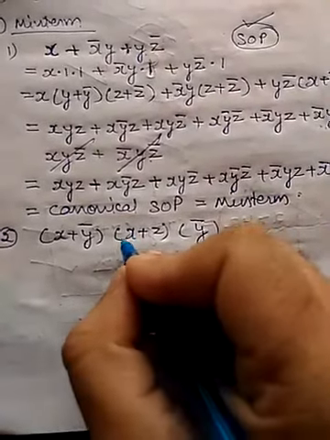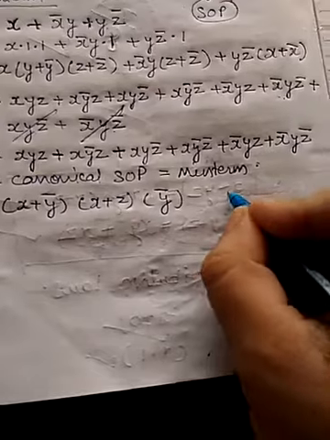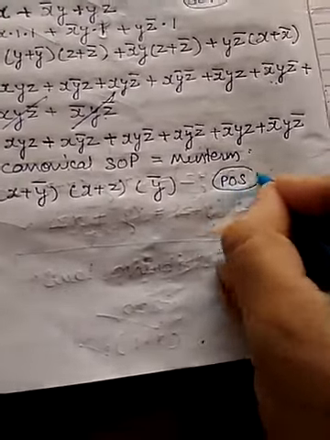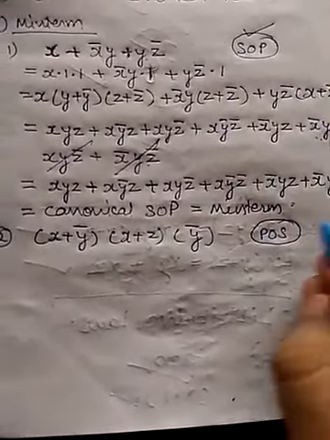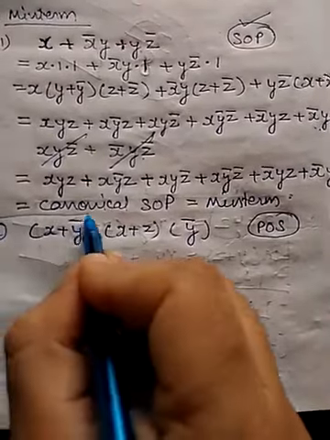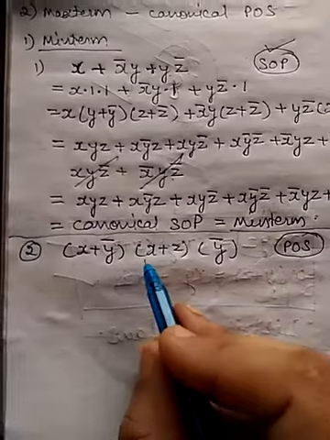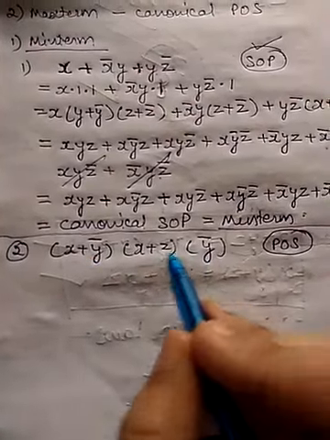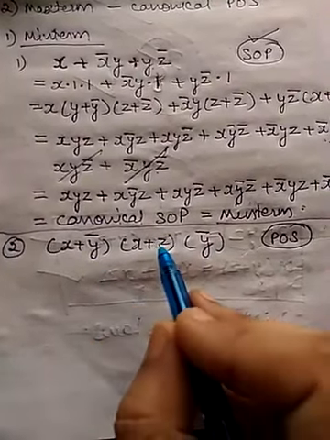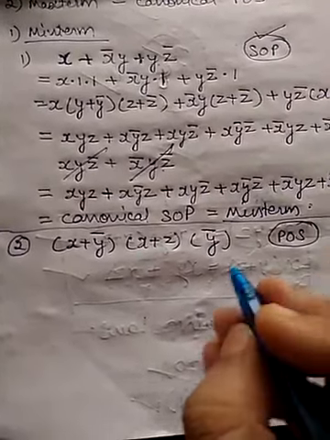This function is in standard form. The standard form is product of sums, and this function is in product of sums. But this function is not canonical. Why is this not canonical? Because all the terms of the function do not contain all the variables. Now we can directly write the answer.